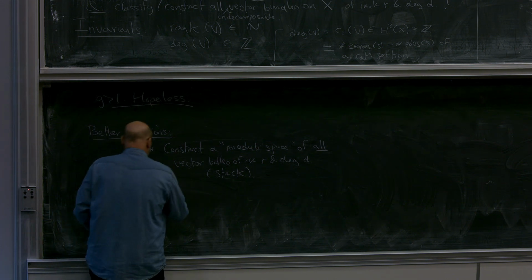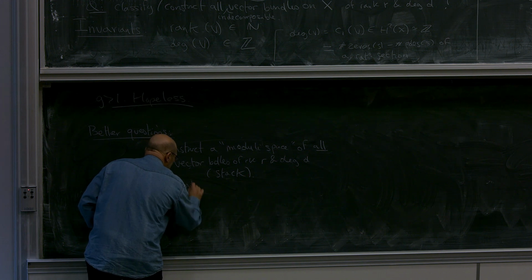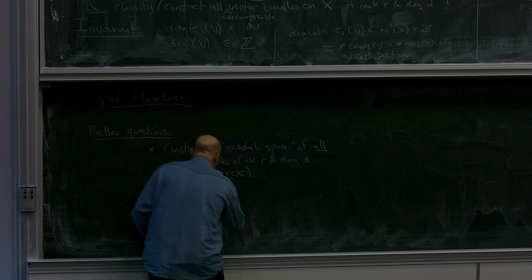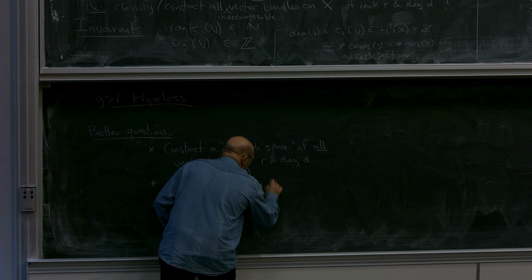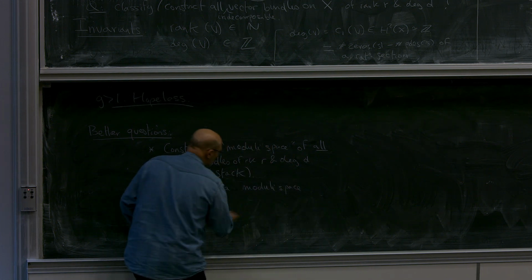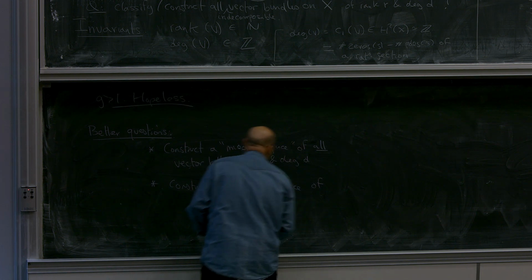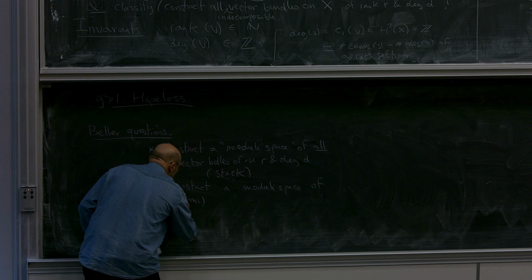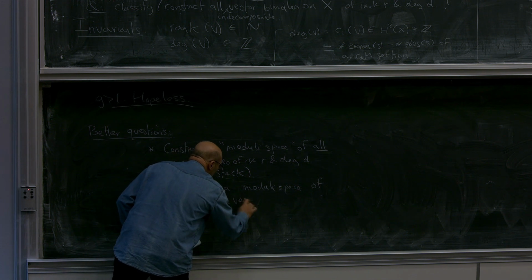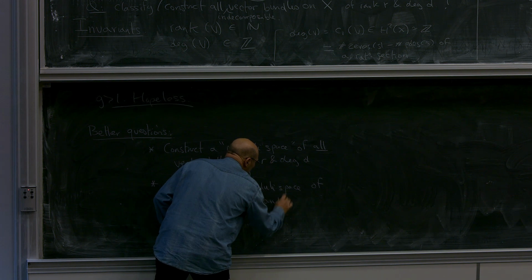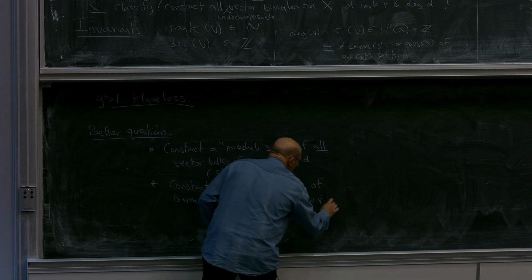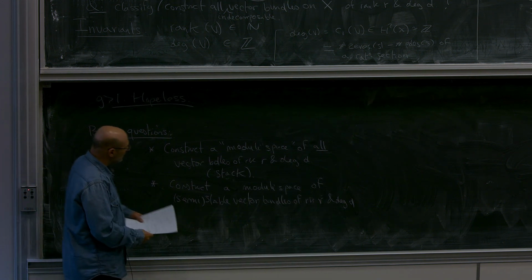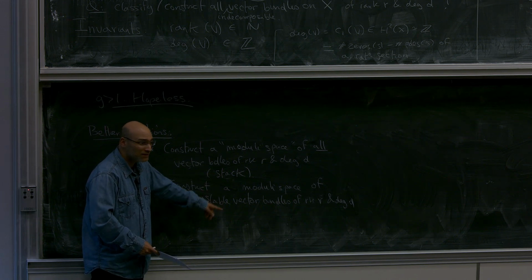Still, you can do lots of things with it, but not at all like the Picard variety. The other thing you can do is insist that you really want an algebraic variety. And so then you're going to construct a nice moduli space of nice vector bundles, which in this case are semistable or stable vector bundles of rank R and degree D. And so, for instance, suppose R and D are relatively prime, then you can do that.